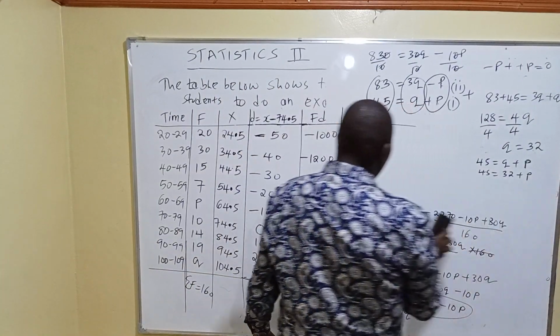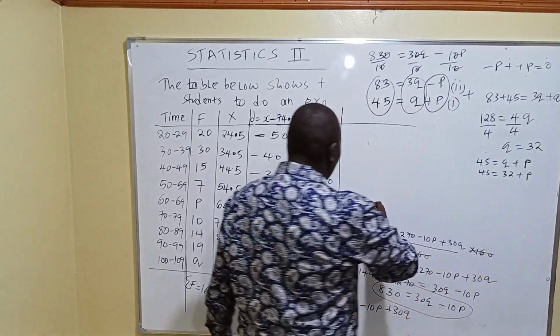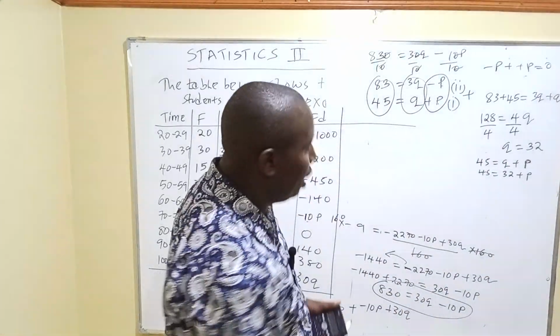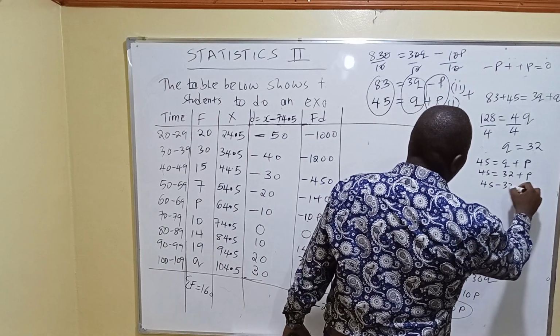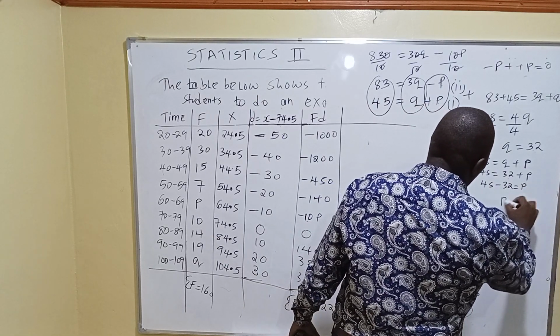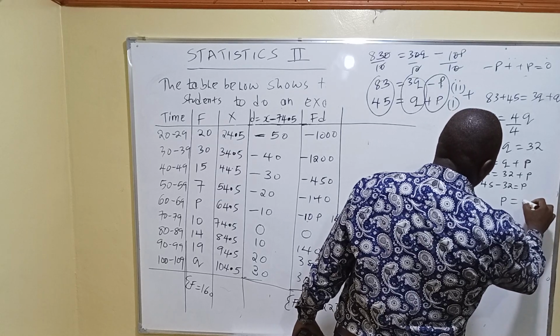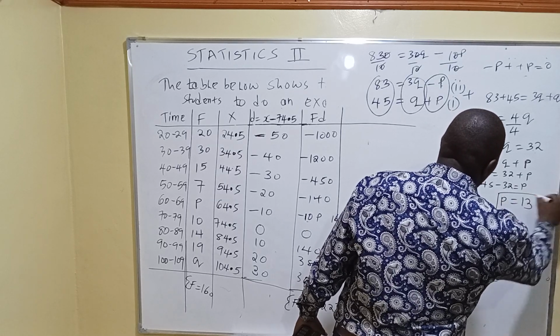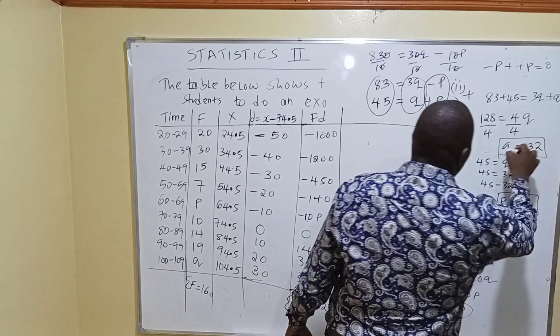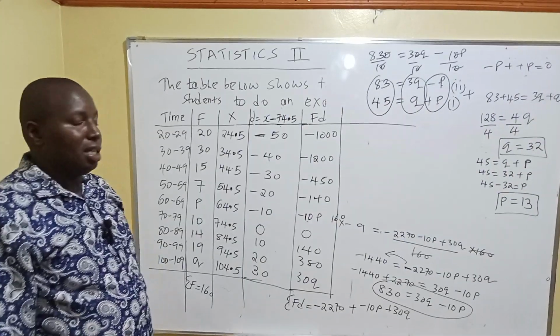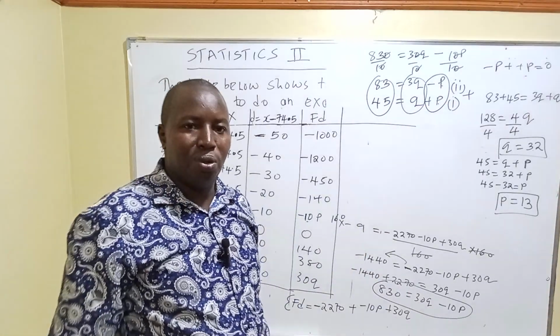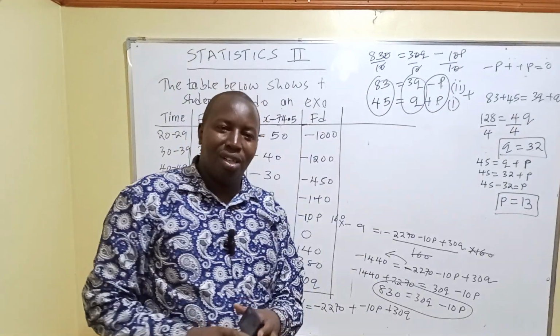This p will be 45 minus 32 is equal to p. So our value of p is equal to 13. Value of p is 13 and q is 32. So that's how you solve that question.